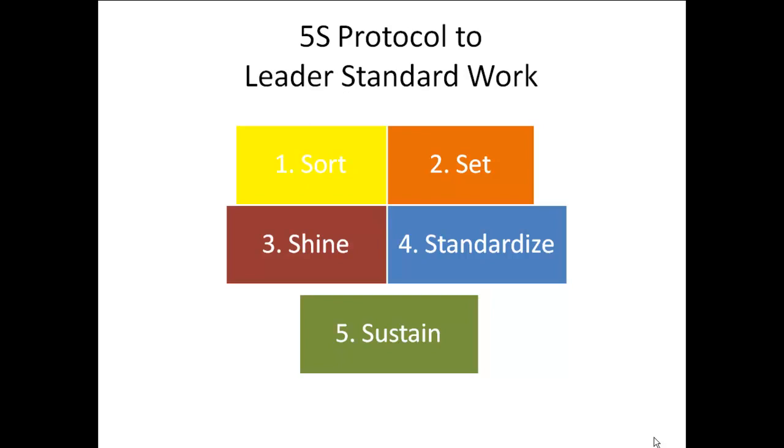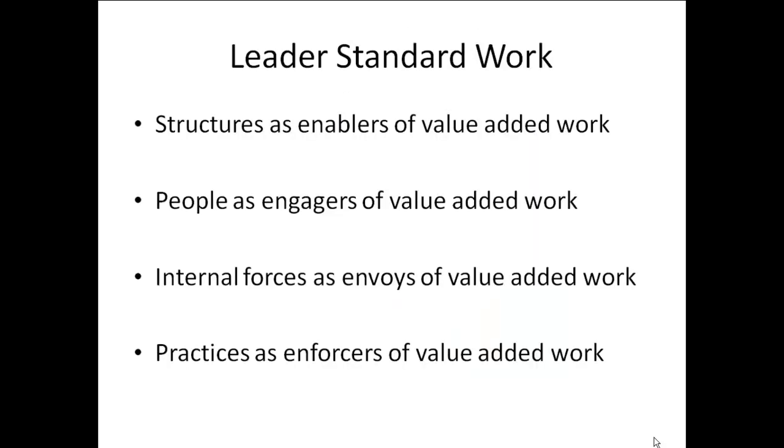Once you've done that, that will lead to Leader Standard Work. And what you're looking for now in Leader Standard Work is a way to again demonstrate this long-term commitment to what has already been put through the 5S process. And so you're kind of looking all the time to see what things are happening here in this environment.